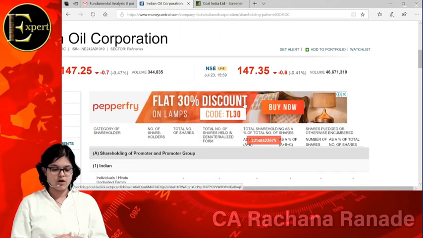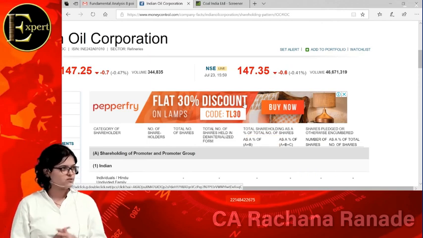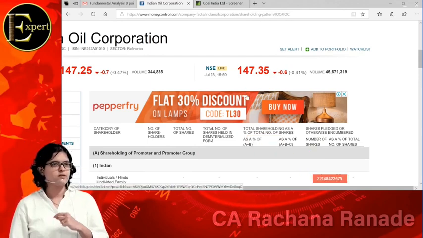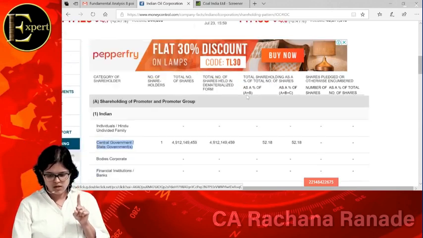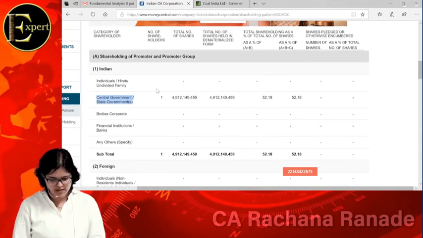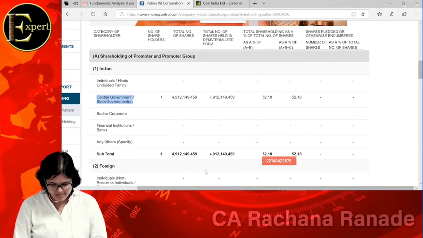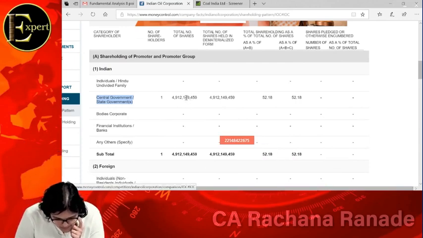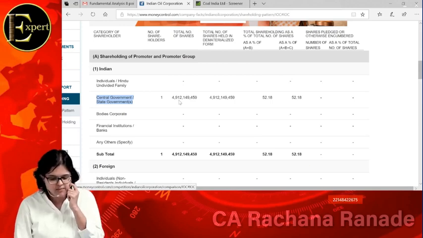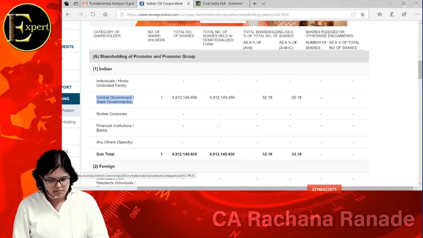If government wants to raise a lot of funds, then what will they do? 147 rupees is the value per share. Now if you check the total number of shares held by the government, this is going to be a crazy figure, roughly 491.21 crores.